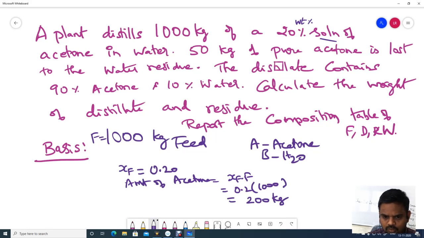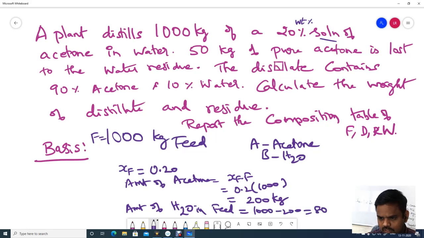So then you know what is the amount of water. Amount of water in feed is 1000 minus 200, which is 800 kg. Okay.